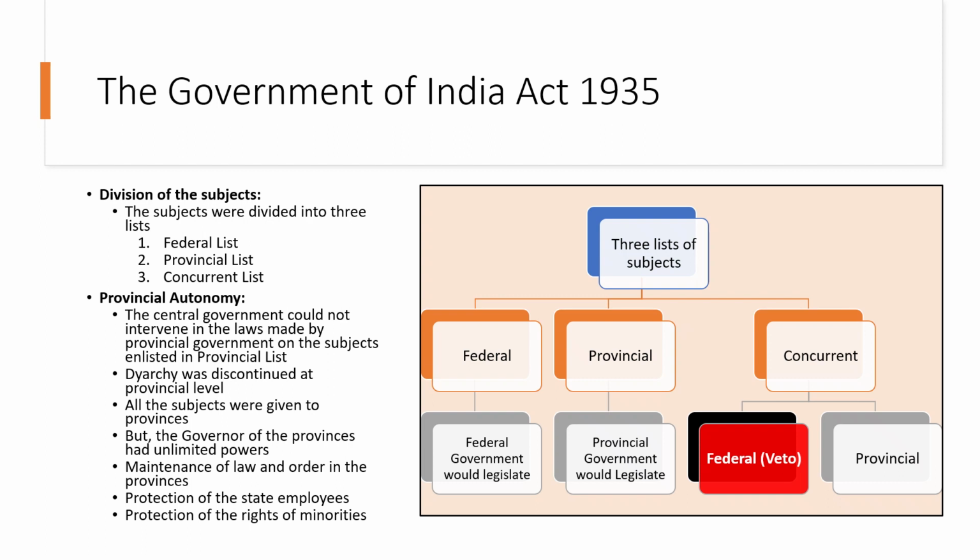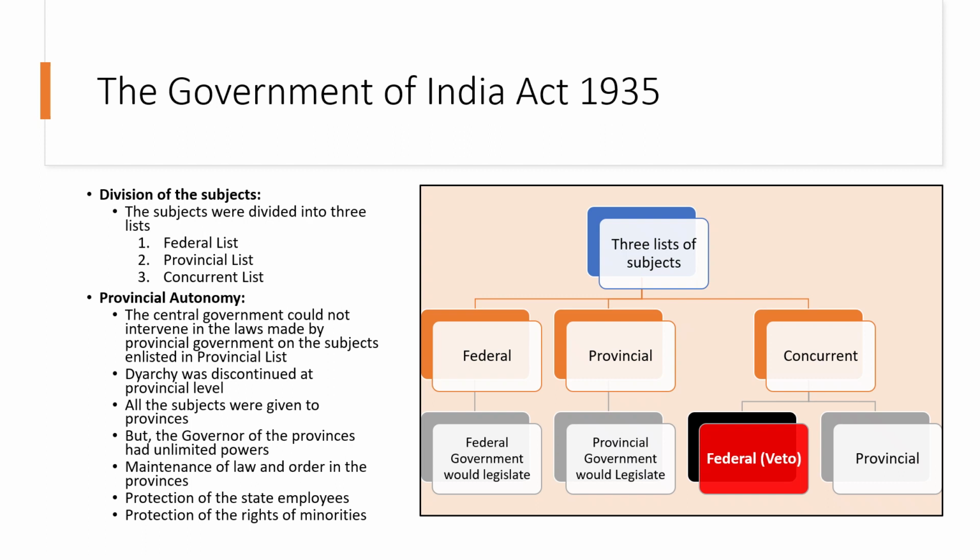Then there was another list that was called the concurrent list. Students, it is very easy to understand that definitely the subjects enlisted in the federal list would come under federal government, and provincial government can never intervene in those subjects.